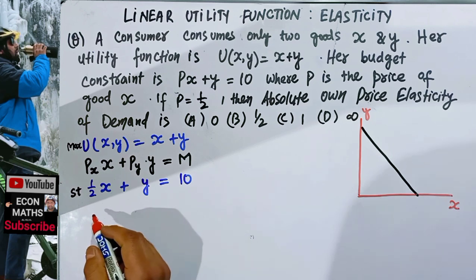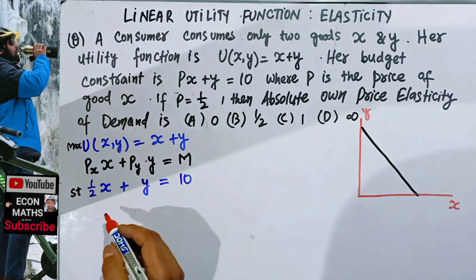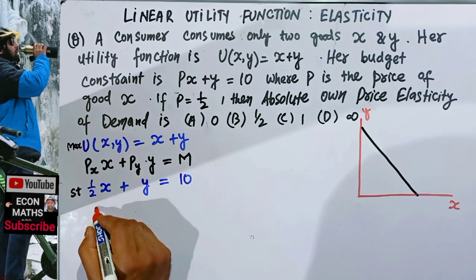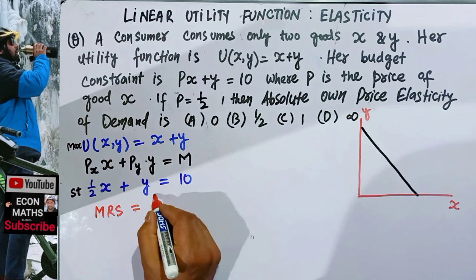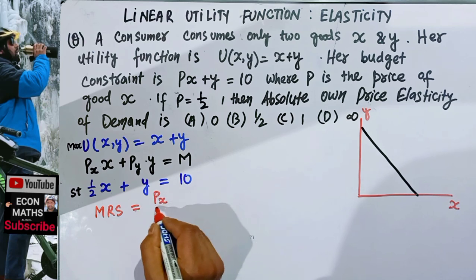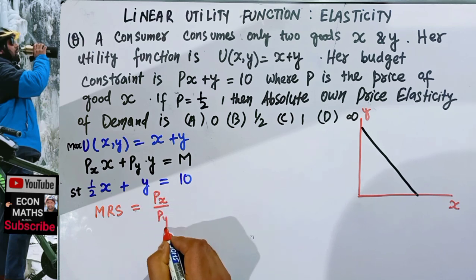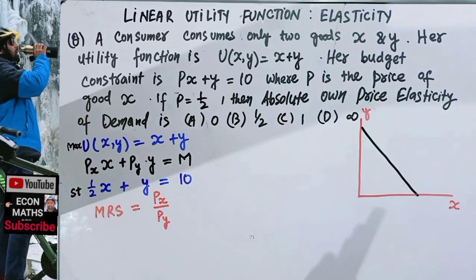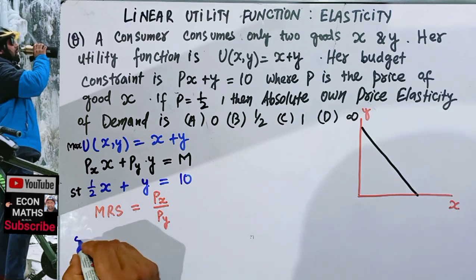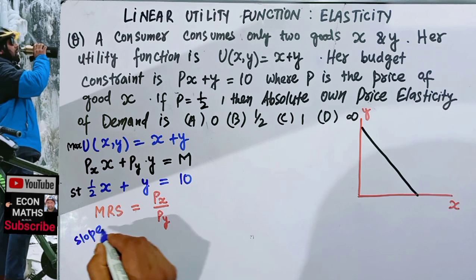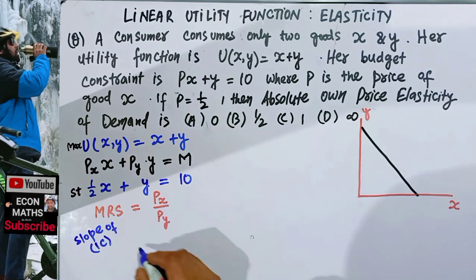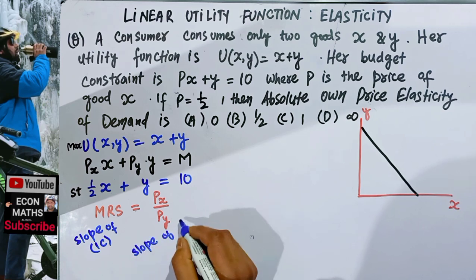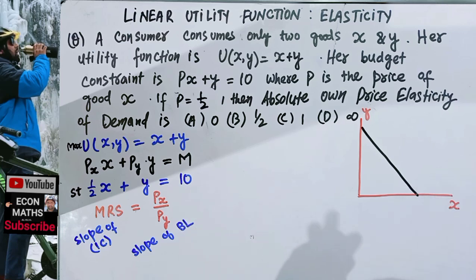Since this is our utility function which is also linear, we know that to find the optimal bundle, our marginal rate of substitution between good x and y should be equal to the price of good x upon price of good y. MRS is simply the slope of indifference curve, and px upon py denotes the slope of budget line.